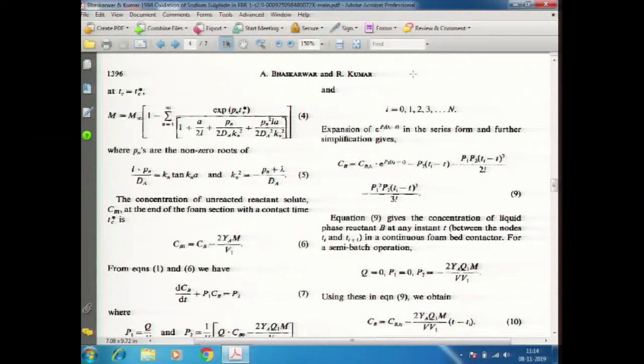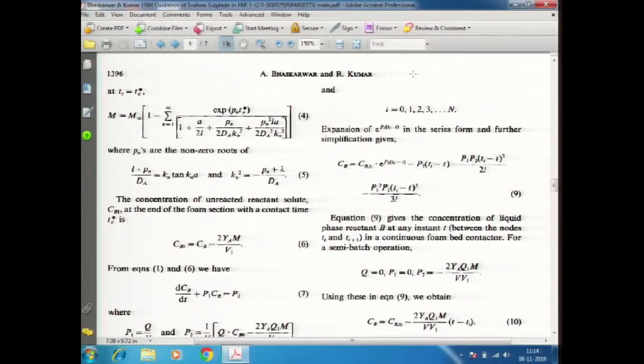Even in continuous operation, it depends on what is the relative time scale corresponding to the residence time and the reactor time. So, in principle, lambda dependence on Cb, which in turn depends on time, may have to be taken into account for a long transience even in a continuous operation, or if it is a semi batch operation, then it will be a must.